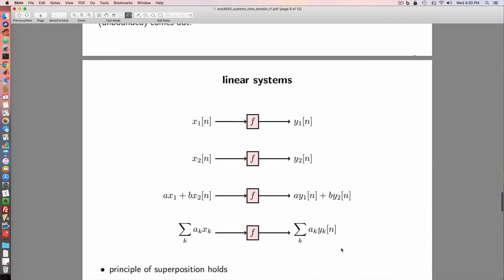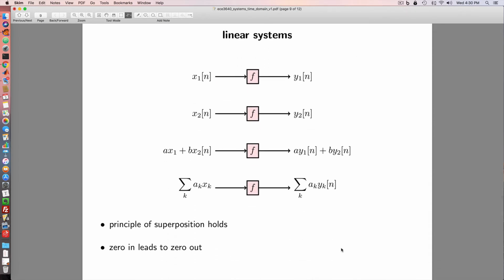The next property is linearity, and I'm depicting that here just in pictures. If y1 is the response of the system to x1, and if y2 is the response of the system to the input x2, then if we put in a times x1 plus b times x2, that is, we're adding these two together with scale factors, the response would need to be a times the response to x1, which is y1, plus b times the response to x2, which is y2.